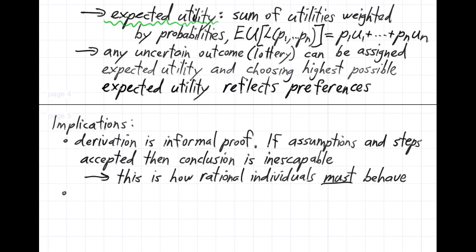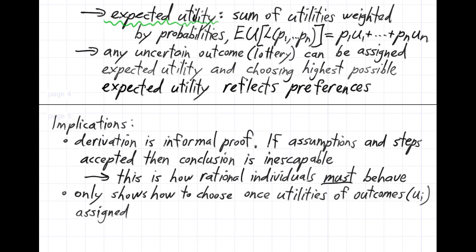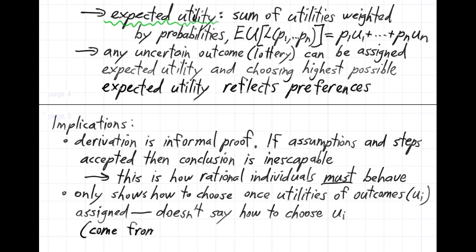Another implication that you should think about, and I mentioned it a little bit earlier, is that what we've done here is only to show how to make a choice after the utilities are assigned. And it doesn't say anything about how to choose those utilities themselves. So they just come from personal preferences. Okay, so that's how we derive expected utility theory.